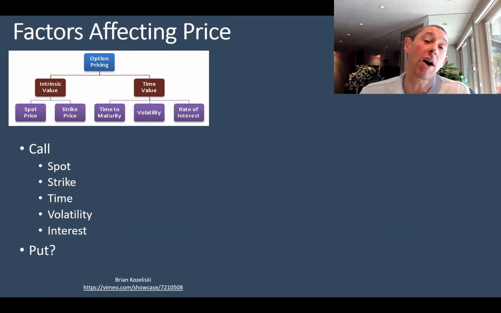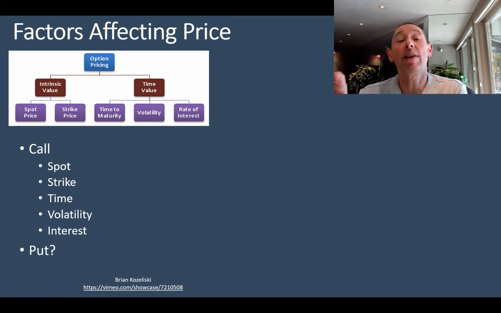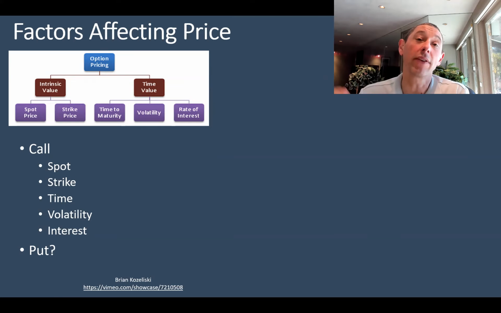Because the call option is cheaper, the amount of money that you would otherwise have had to have spent on the stock itself comes into play. So the higher the interest rate, the more valuable the call is. Now, the opposite is true for a put, and the opposite is true in terms of the spot strike differential. So obviously, you want the price to go down. It allows you to sell it. So it's the opposite of what it is for the call.